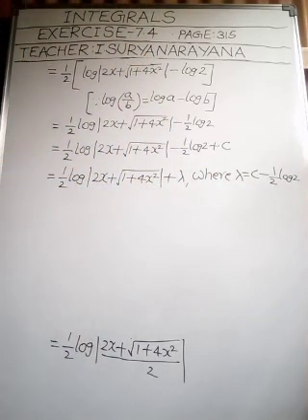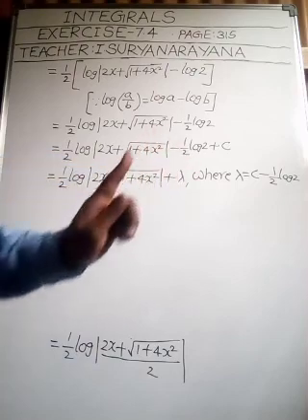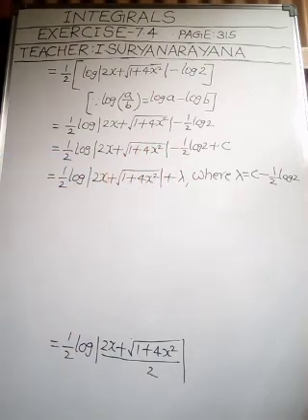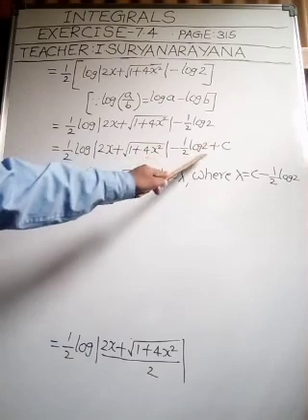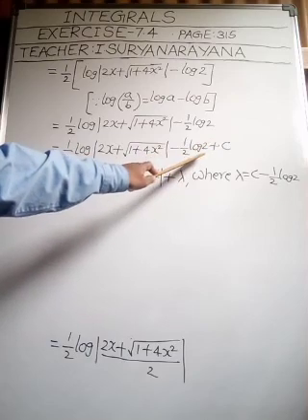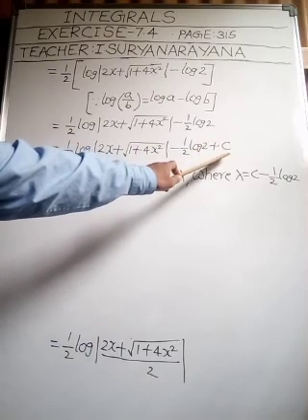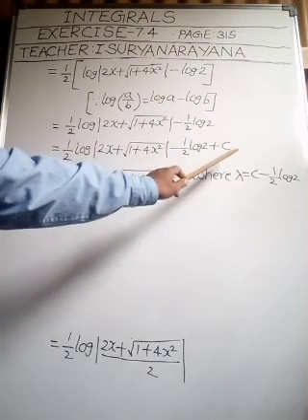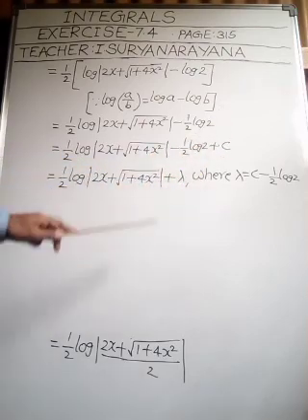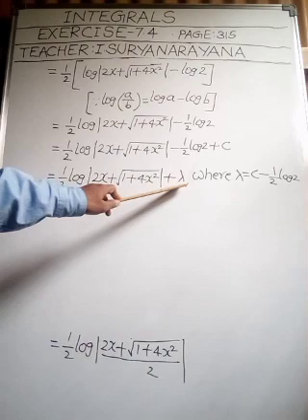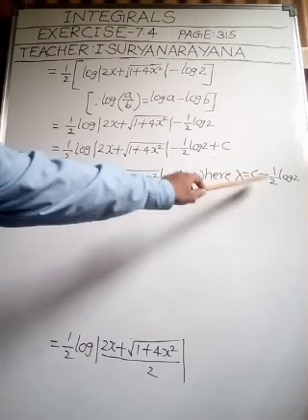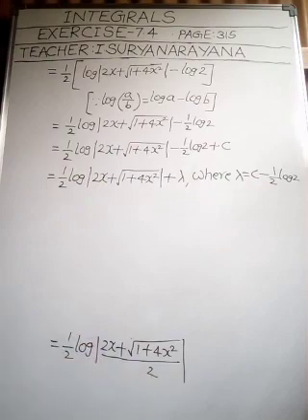Understood this step, my children? At last, we write only a single constant term. But here we got two constants. No variable is there in this term, so it is also a constant term. If you simplify these two constant terms, again you get a single constant term. So we denote it as lambda, where lambda is equal to c minus 1 by 2 log 2. Understood this step, my children? Right.